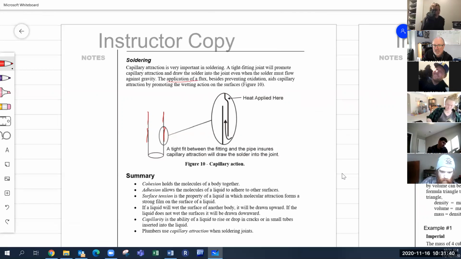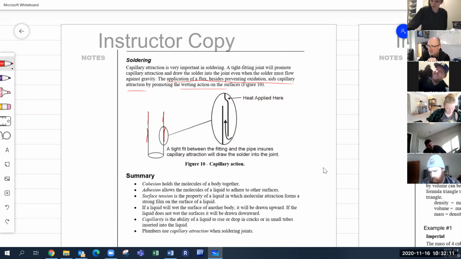So the application of the flux aids in the capillary action and promotes the wetting action on the surfaces. So if anybody has ever tried to solder copper pipe together without flux, what happened? Anybody say? Your solder falls to the ground. It doesn't stick, right? Nothing sticks.